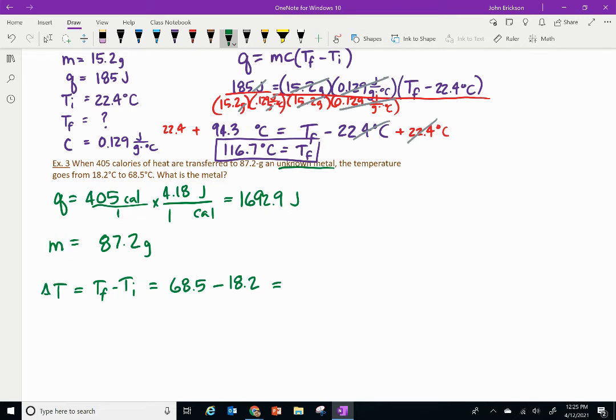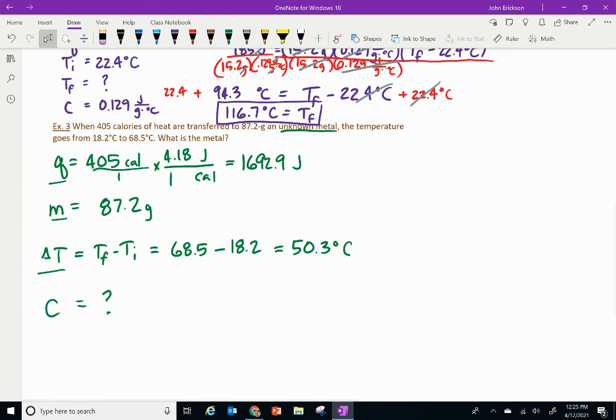The temperature change for this metal was 50.3 degrees Celsius. All right, notice I've got Q, I've got M, I've got delta T. The only number I don't know is the value for C.